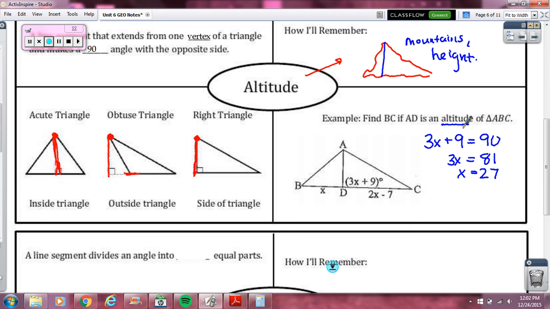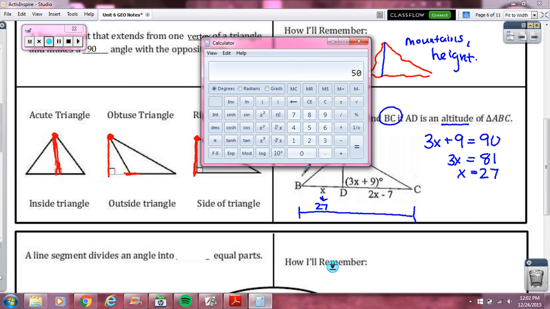Radical. All right, but I didn't answer the question yet. I found x, but I still need to figure out how long BC is. And BC is this entire distance. I know this little section right here is 27 because x is 27. To figure out how long DC is, I'm going to get my trusty calculator out. I'll do 2 times, not x, but 27.